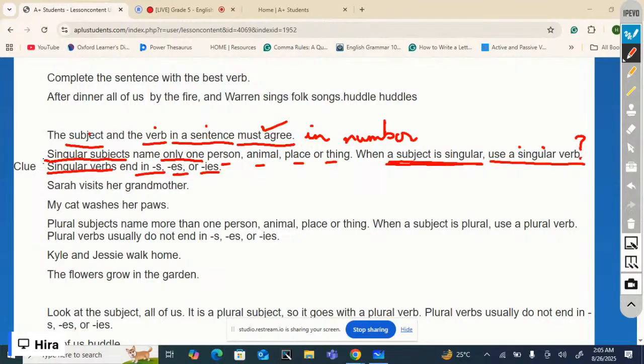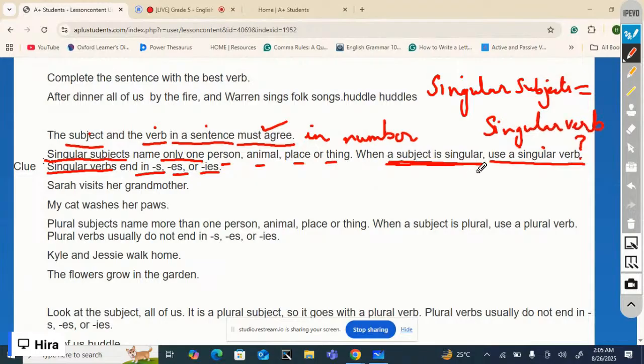Okay, so let's recall. Singular subject equals singular verb. And what is a singular verb?